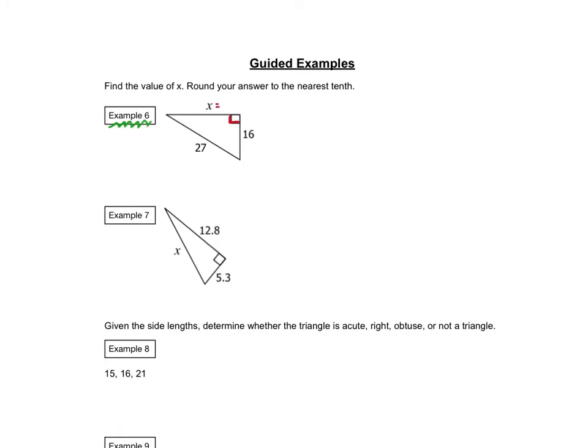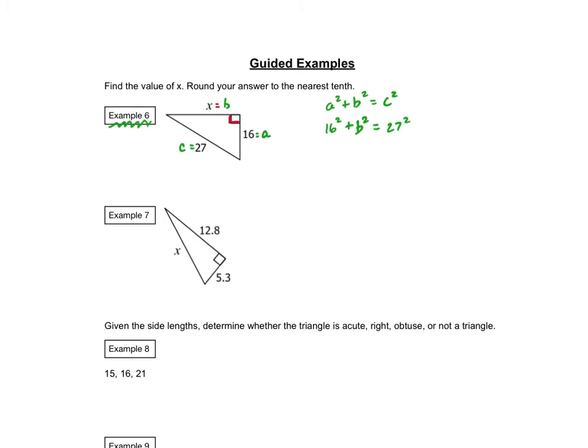So I could go with a squared plus b squared equals c squared. This x I could say is a or b, 16 is going to be a or b, and then my longest side would be c. So I have 16 squared plus b squared equals 27 squared.